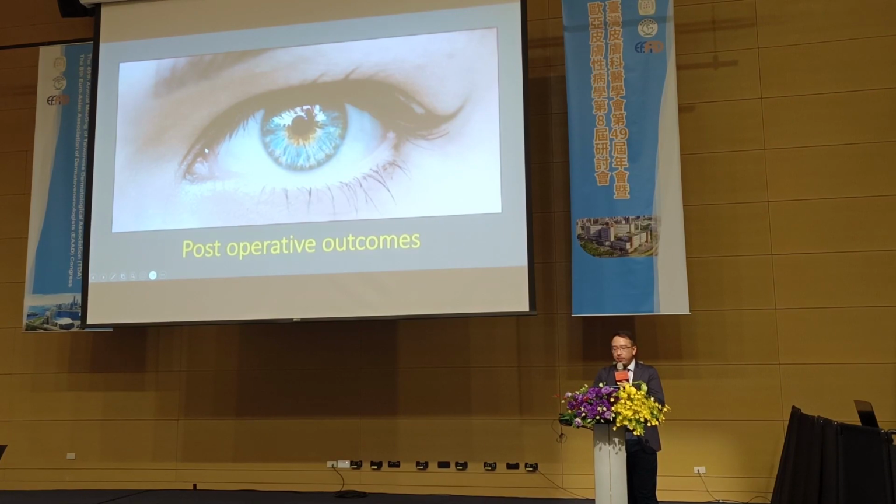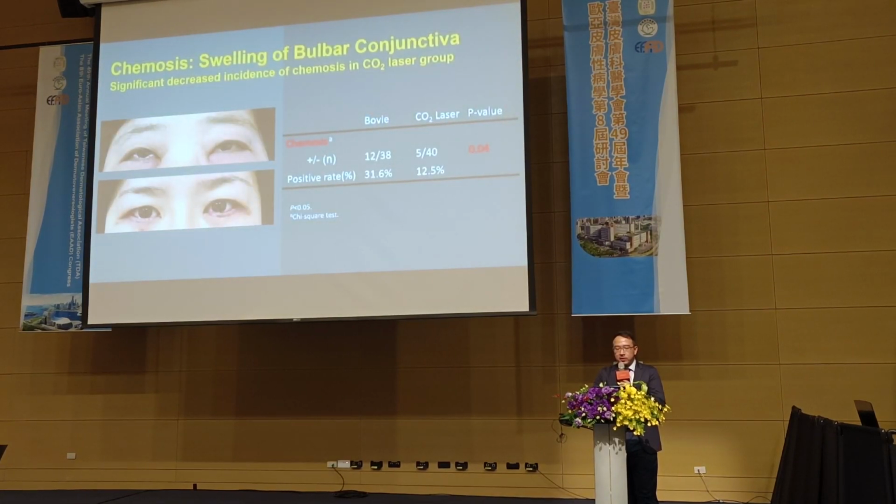For the postoperative outcomes, chemosis, which usually happens after surgery, is swelling of the bulbar conjunctiva, and we found a significant difference in chemosis in the CO2 laser group. This is because the traditional monopolar electrosurgery has lateral thermal injury, which might cause thermal injury to the conjunctiva.